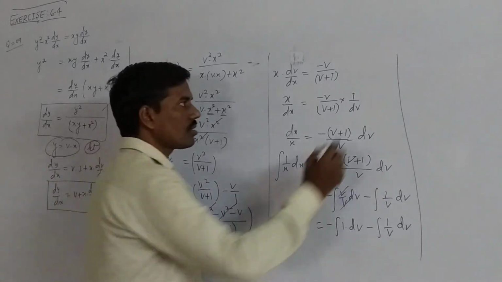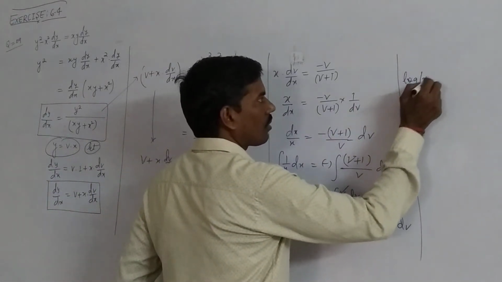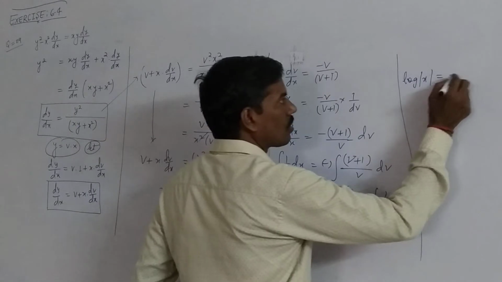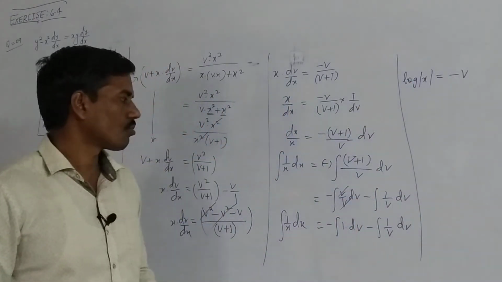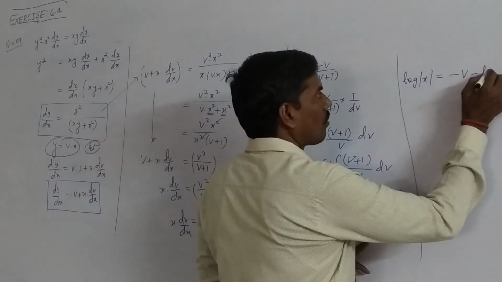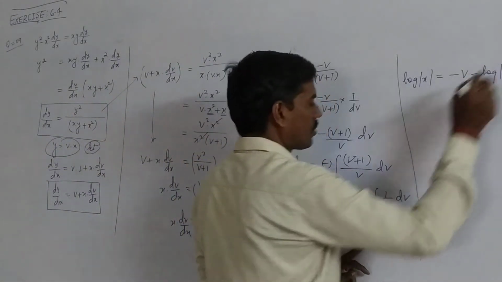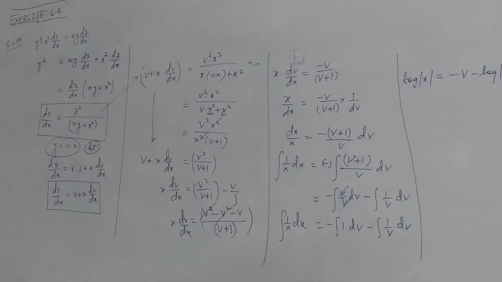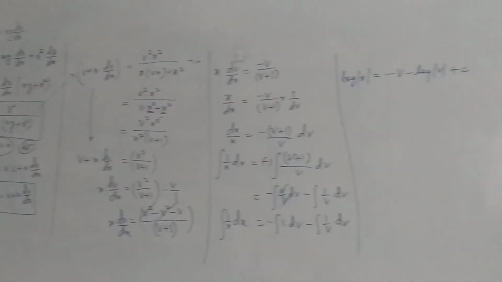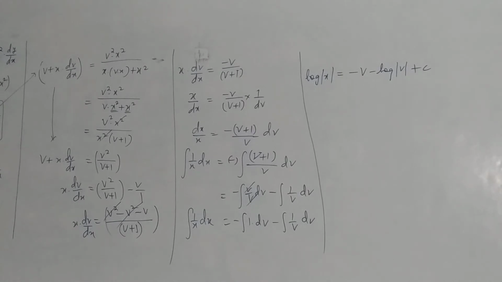So integral of 1 upon x is log of mod of x, equal to minus v. Integral of 1 with respect to v is minus v, minus log of mod of v plus c. Integral of 1 upon v with respect to v is log of v plus c.